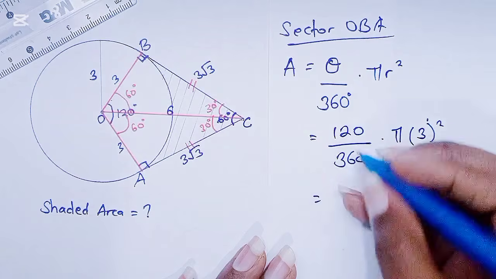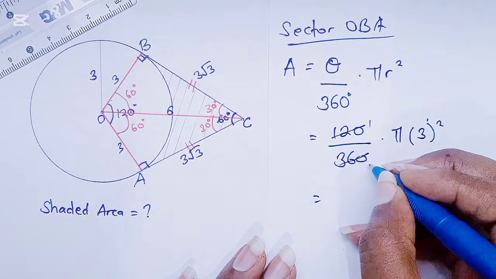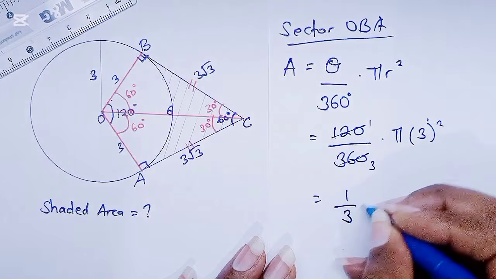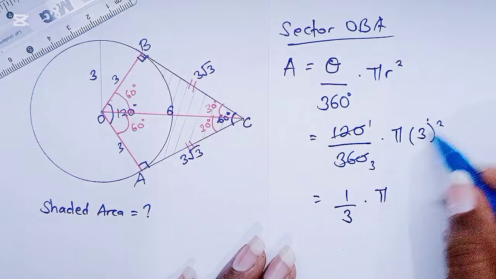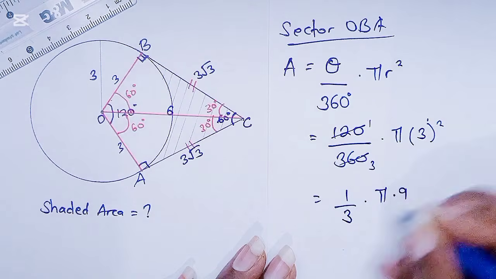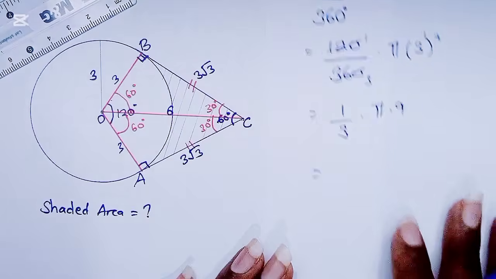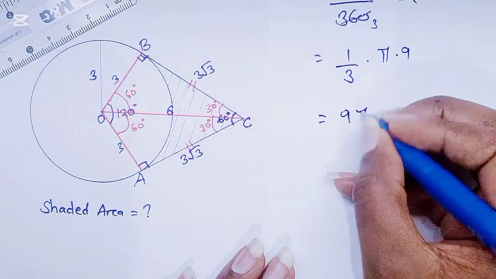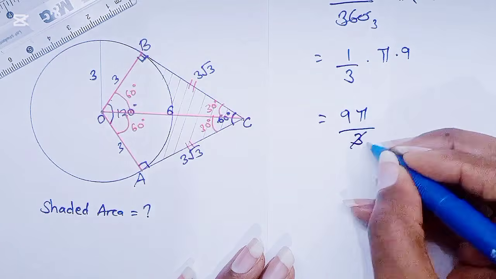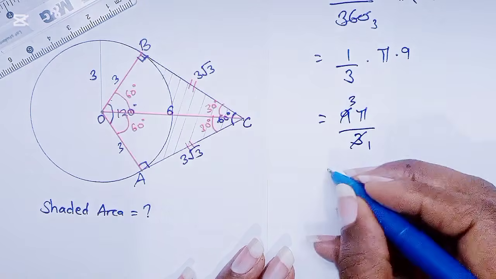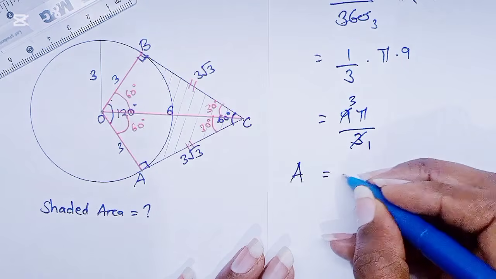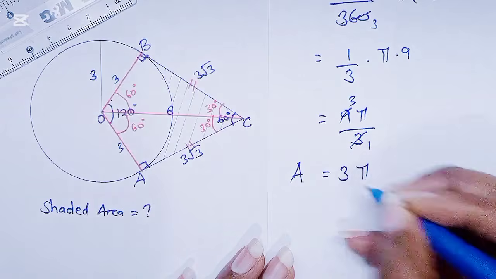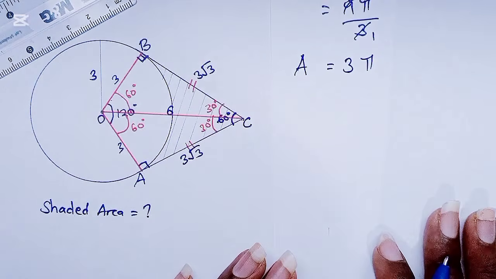So 120 goes into 360 3 times. So we have 1 out of 3 times pi. 3 squared is 9, so times 9. This is equal to 9 pi over 3. 3 goes into 9 3 times. So area of the sector is equal to 3 pi.